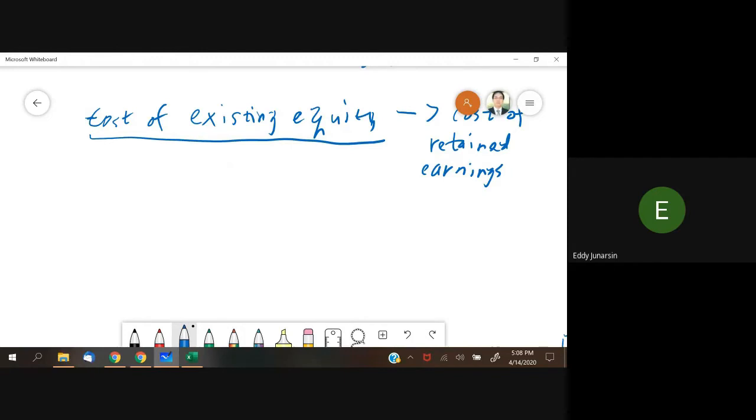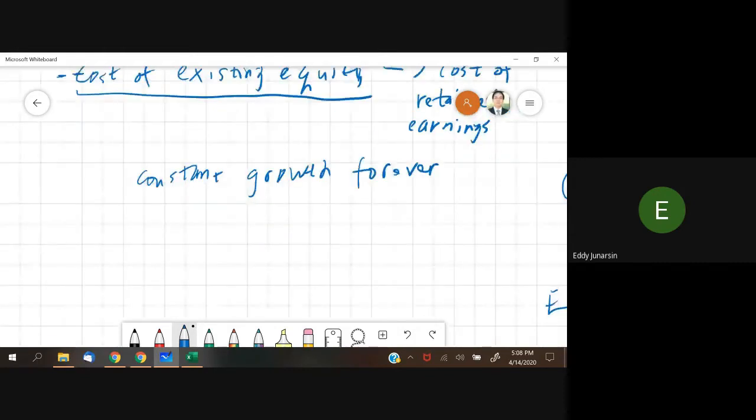So from our discussion on stock valuation, remember there's another scenario where there has been constant growth forever. So this scenario is different from the one that we discussed above, the constant cash flow. So this is constant growth forever. If the situation fulfills this scenario, then we could do it this way, right?